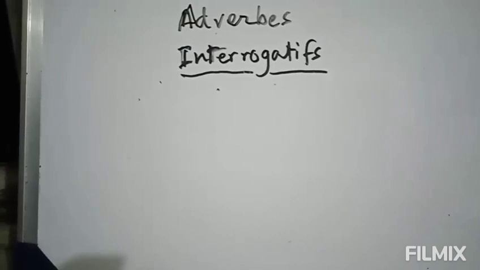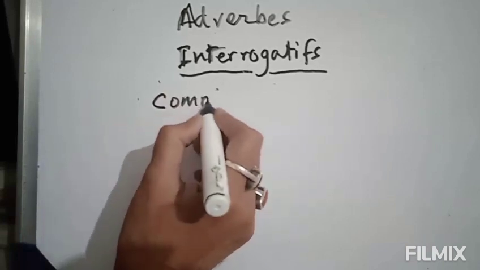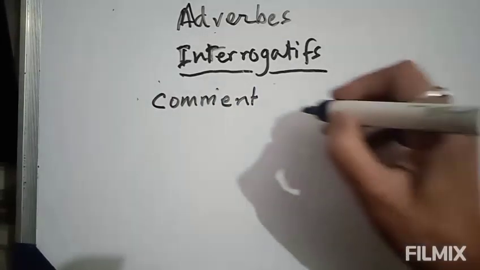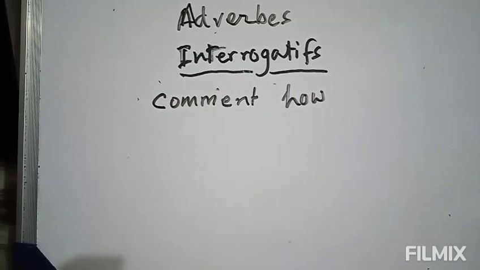Next interrogative element is comment. Comment means how. The English meaning is how. Now I am giving you an example.